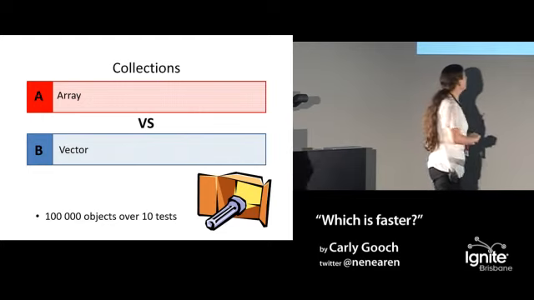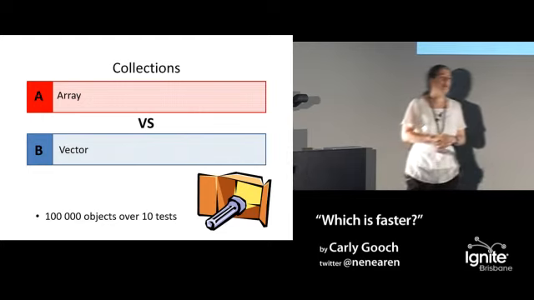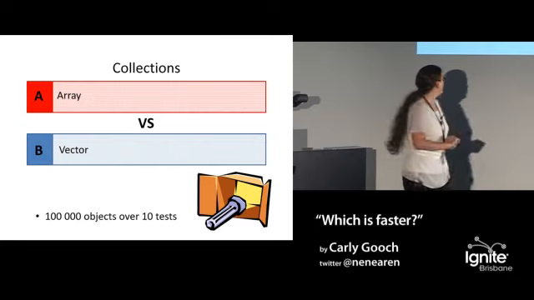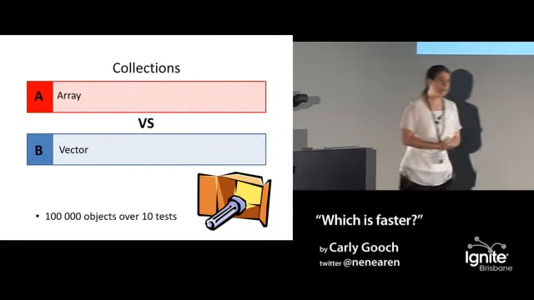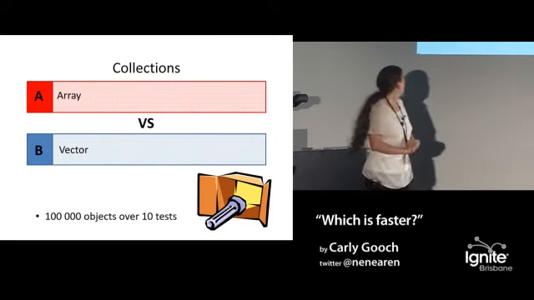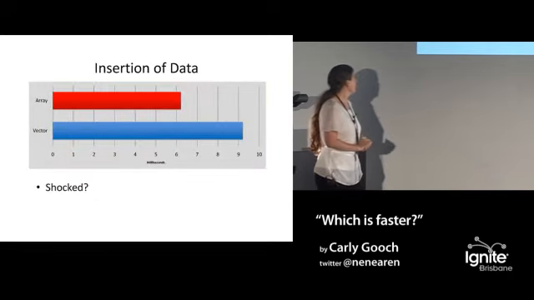Collections. So a vector, for those who don't know, is a typed array in ActionScript, and they were introduced in Flash Player 10, and an array is just a standard array.